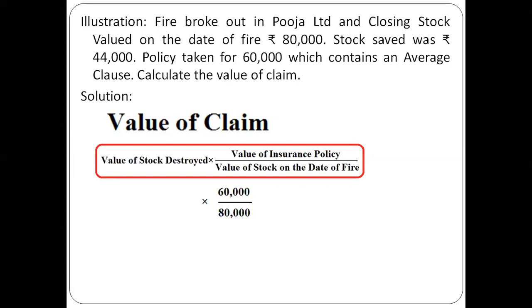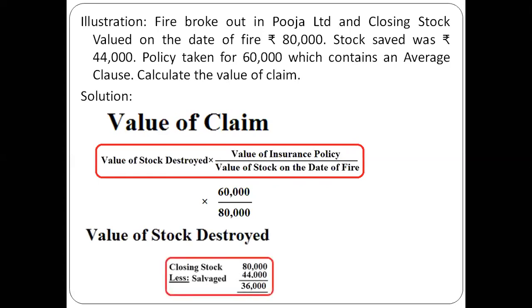Value of stock destroyed is equal to closing stock 80,000 we had in the organization on the date of fire, of which we saved 44,000 worth of material. So 80 minus 44, 36,000. Therefore, our value of stock destroyed is 36,000. So 36,000 into 60 divided by 80 is equal to 27,000, the claim that will be received from the insurance company.